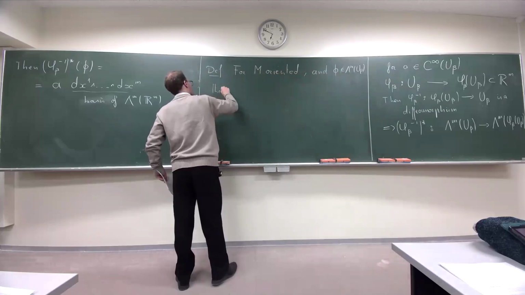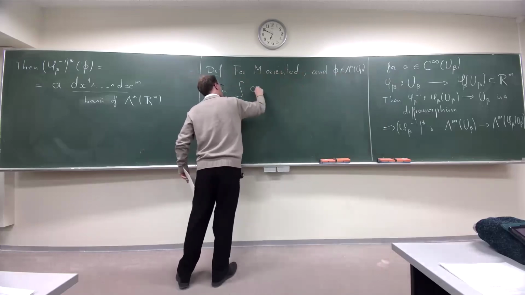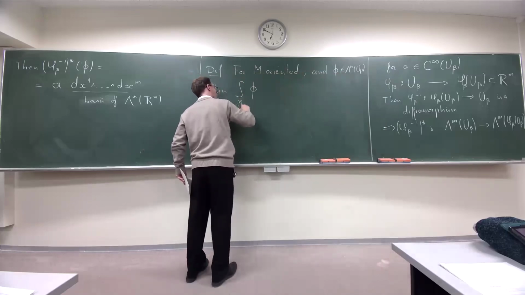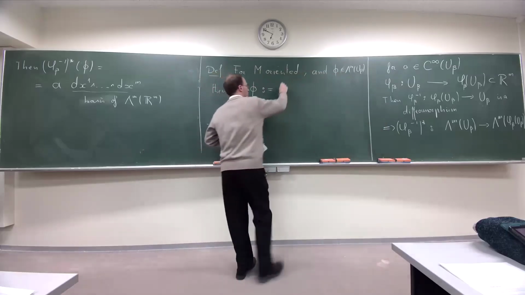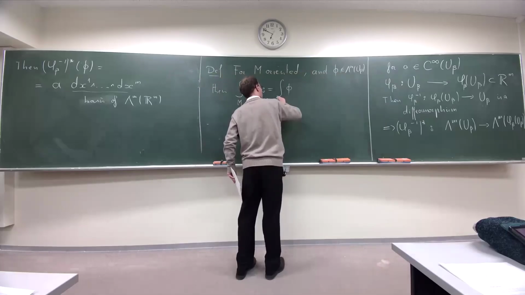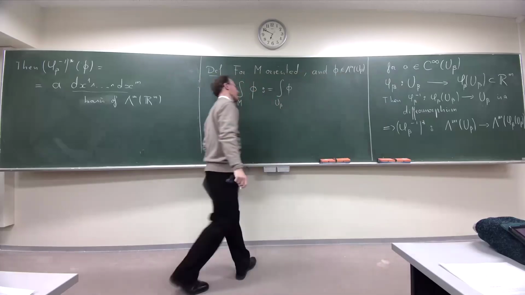Then the integral of phi on M is the integral of phi on U beta, because everything else is not interesting.